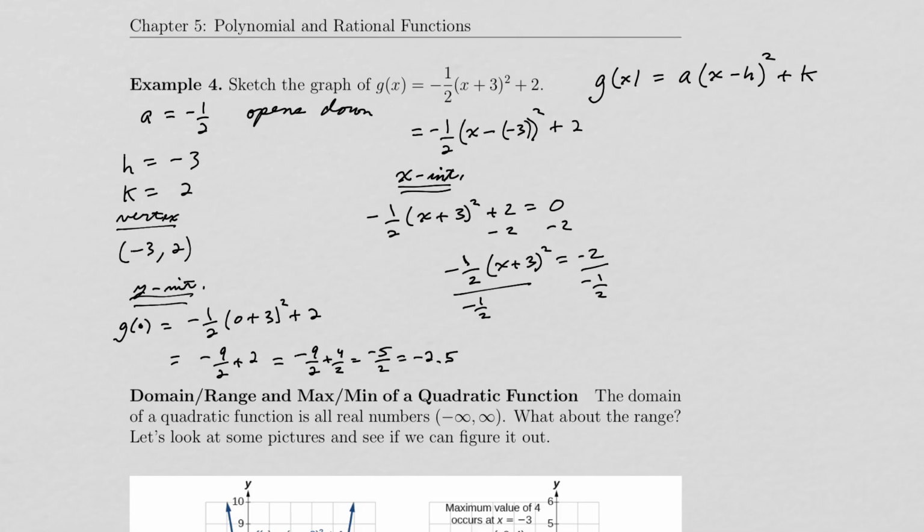Right, so I have (x plus 3) squared equals, and then -2 divided by -1/2 is +4. And now we can use the square root property. I'm running out of room here, but so the square root of (x plus 3) squared equals, remember it has to be plus or minus the square root of 4.